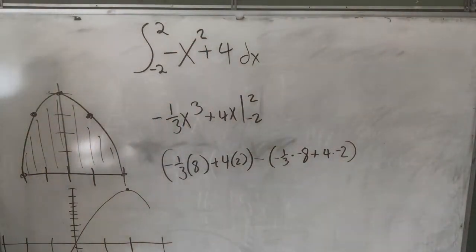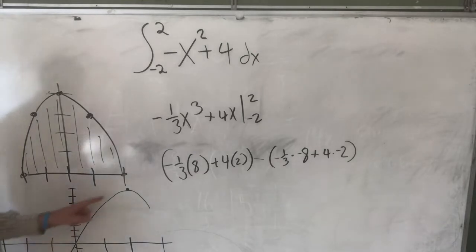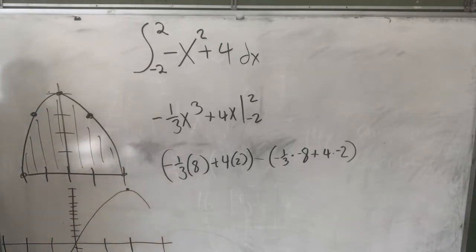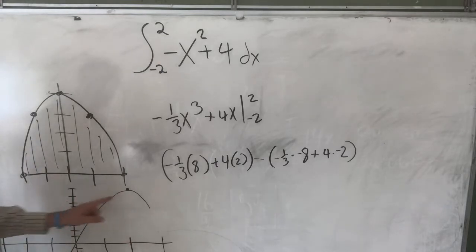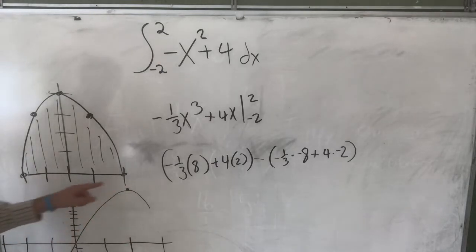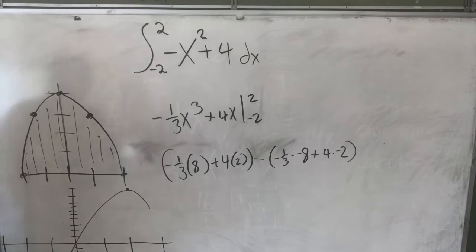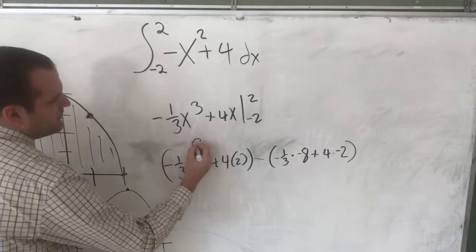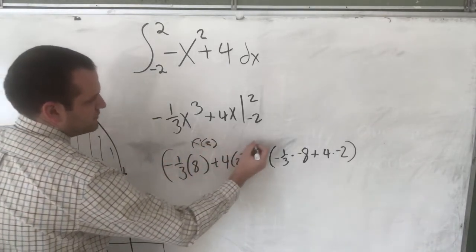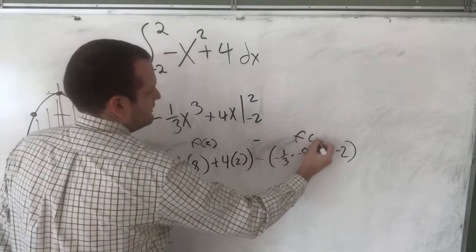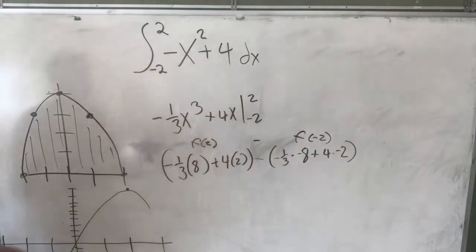When we integrated, we got this equation here, -1/3 x cubed plus 4x to be exact. And what we are doing here is we're taking f of 2 and subtracting f of -2. That is exactly what is happening.